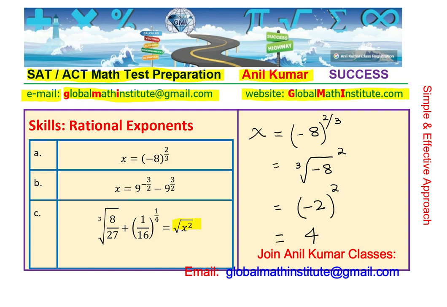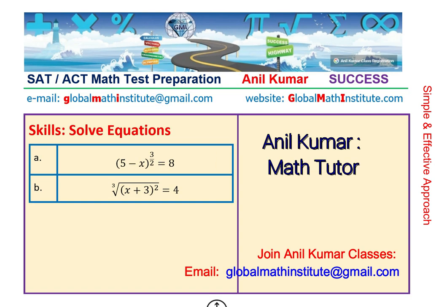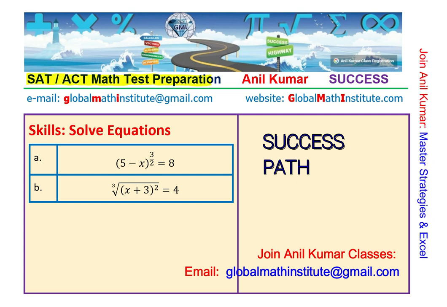In the next video, we are going to take up equations involving rational exponents. So I hope that will give you a good foundation for solving complicated level 2 and level 3 questions so that you can do excellent for SAT or ACT math exams.